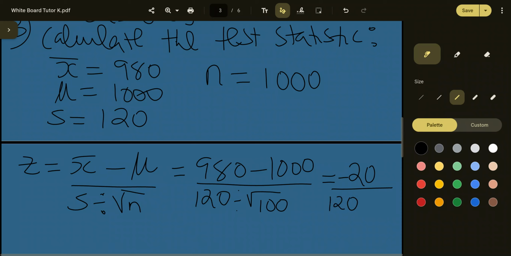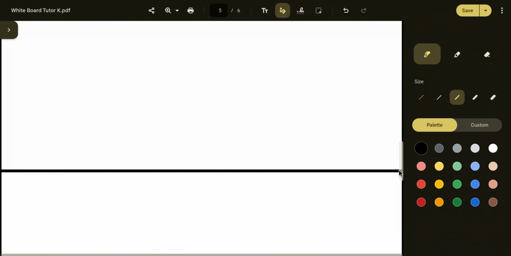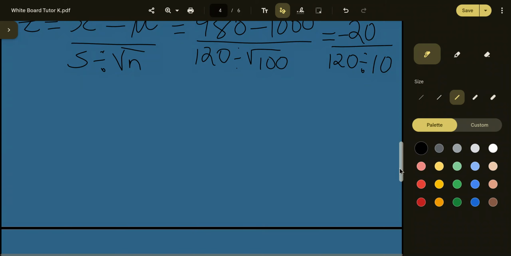Then what is the square root of 100? Of course, you know the square root of 100 will simply give you 10. And from there, as a mathematician, when you simplify that further, you are going to have negative 20 divided by 12.